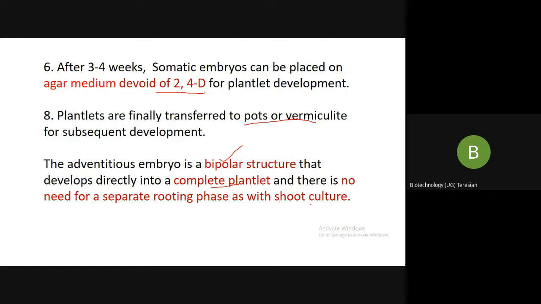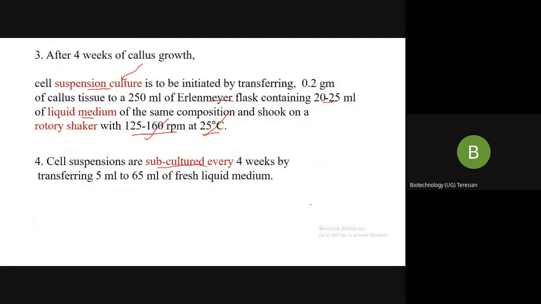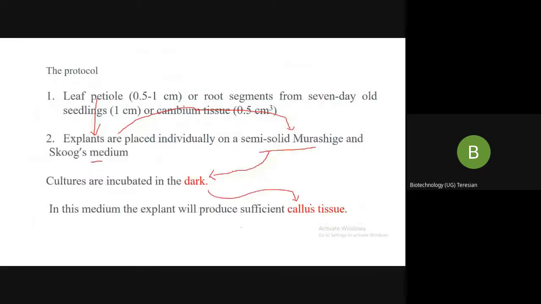Here that is not needed because it is a bipolar structure. You will get your radicle and plumule formation, and this is how you follow a protocol for production of somatic embryogenesis.